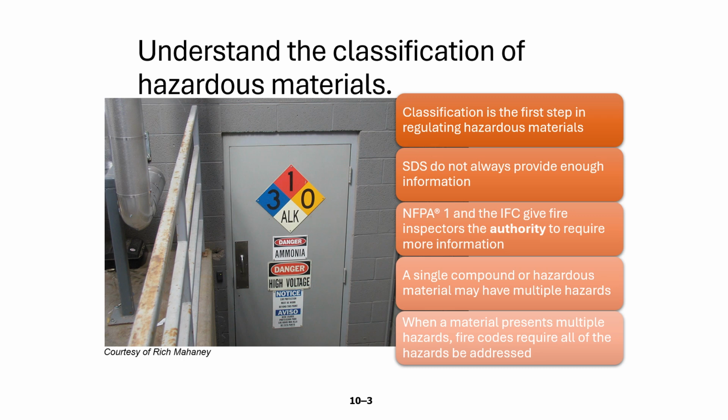Especially as we're trying to clarify what the requirements are for our adopted code, if we're looking at the International Fire Code or the NFPA 400. Fortunately, NFPA 1 and the IFC give us inspectors the authority to require additional information or additional evaluation from an individual that may be considered a subject matter expert, but is qualified.